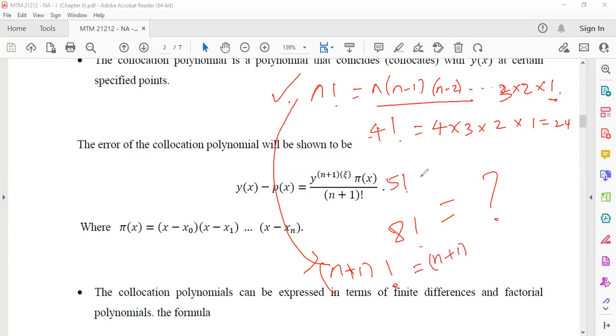If I ask 5 factorial, what is happening? So n is 4, and n plus 1 will be 5. The same thing happens: 5 times 4 times 3, goes up to 1.